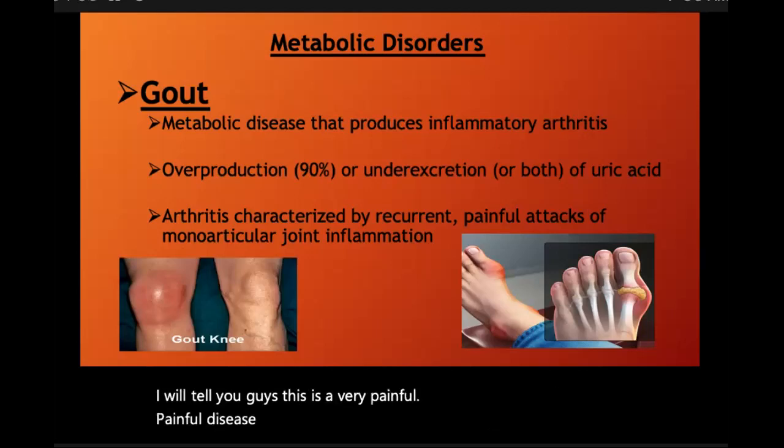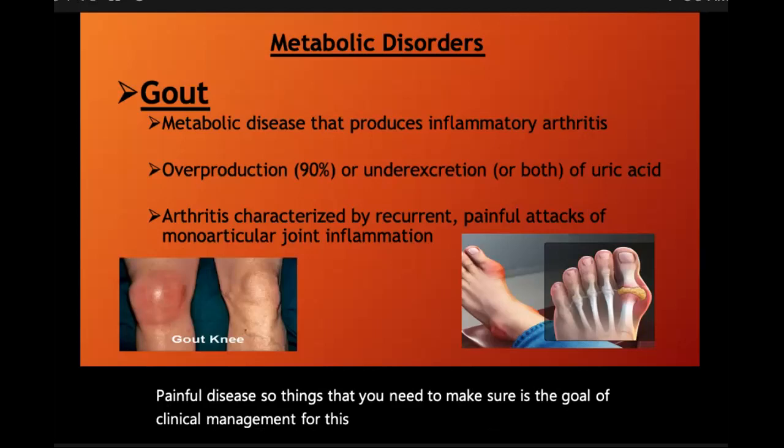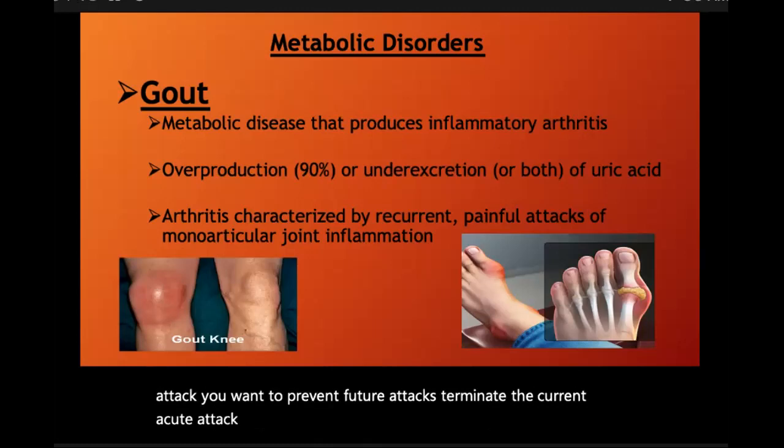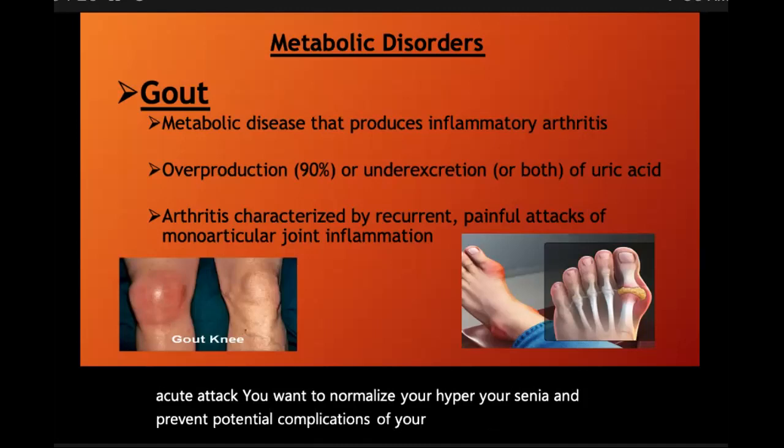So the goal of clinical management for gout is to terminate the acute attack. You want to prevent future attacks, terminate the current acute attack. You want to normalize your hyperuricemia and prevent potential complications of urate deposits.